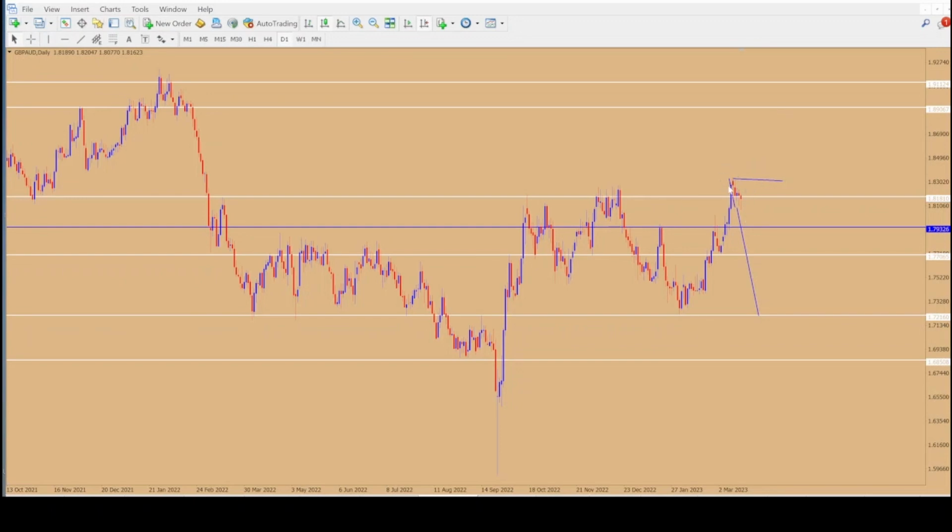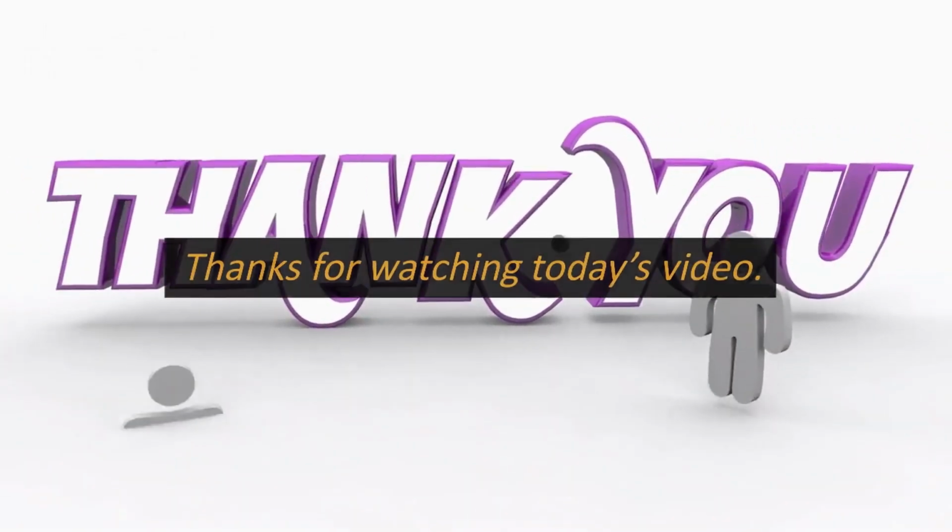But if we get a situation where the market surges, continues to go below, so if the market maintains below the 1.8181 area, then we should expect to see some 1.7932 price right there.